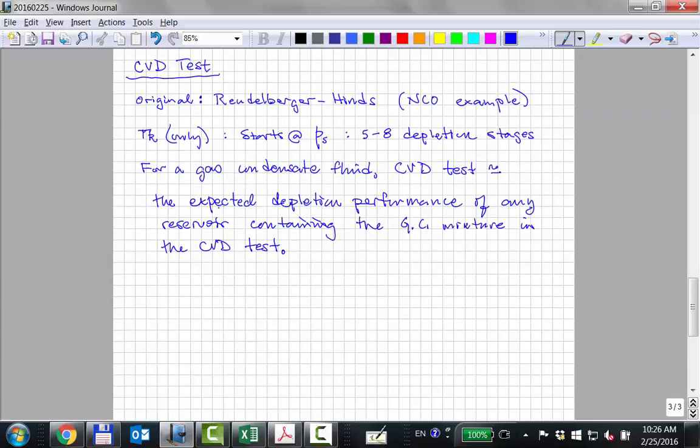So what I mean by expected depletion performance.